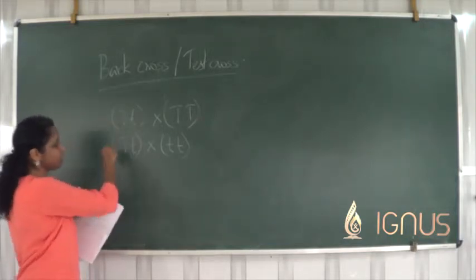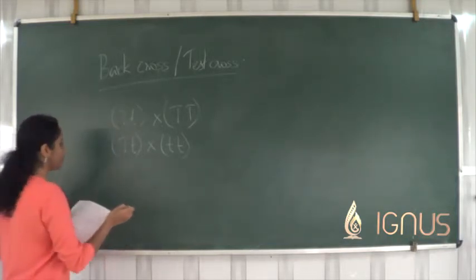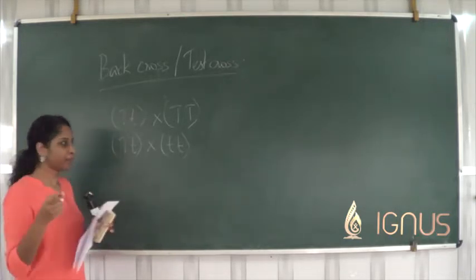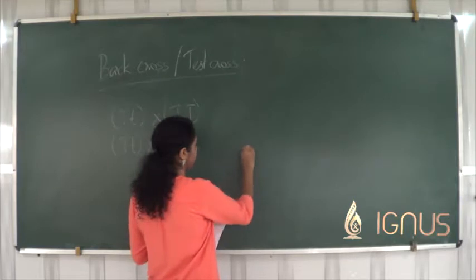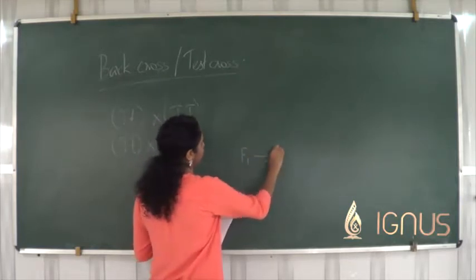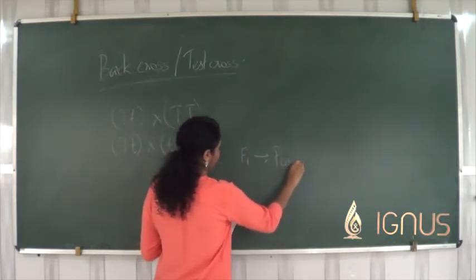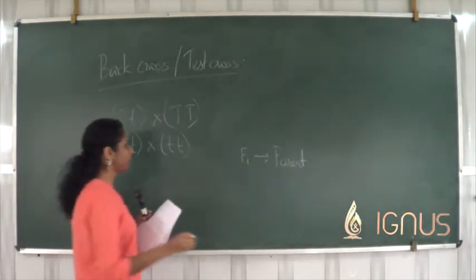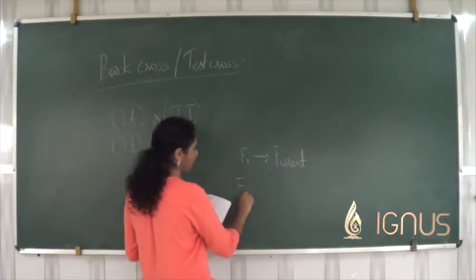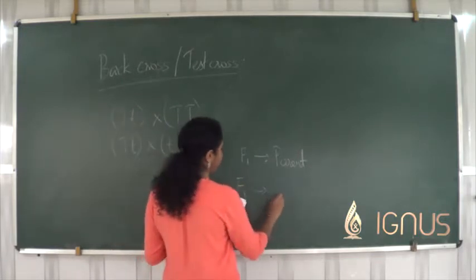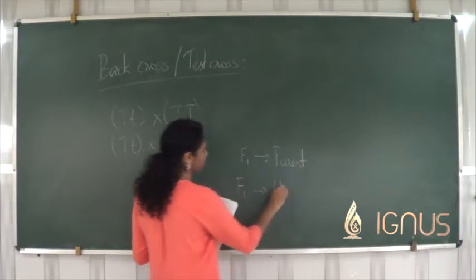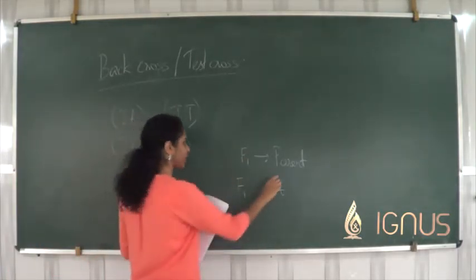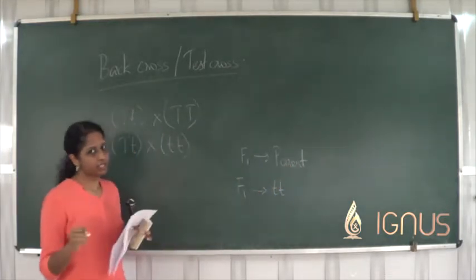Now this, any kind of cross where you're doing anything with its parent. So if you're crossing anything from the F1 generation with any of the parent, it's called a backcross. But keep in mind, if it is F1 generation being crossed with any parent, then it is a backcross.